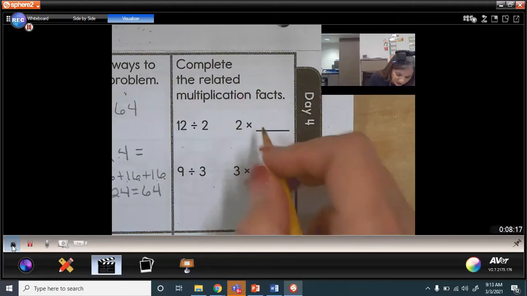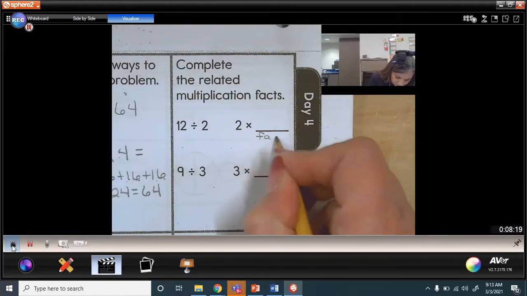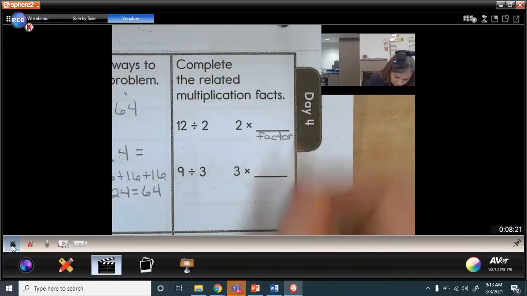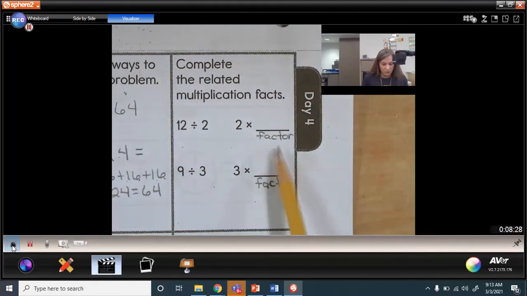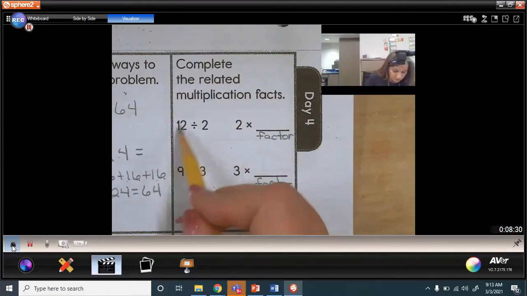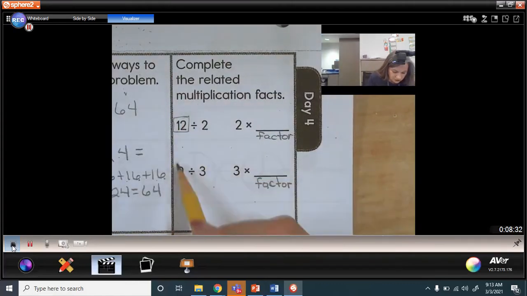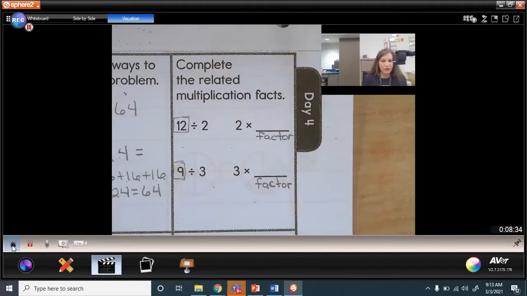So we're missing a factor here. And the reason that we're missing the factor is we are going to use our division to help us with our factor. Now, remember, multiplication is related to division, okay?